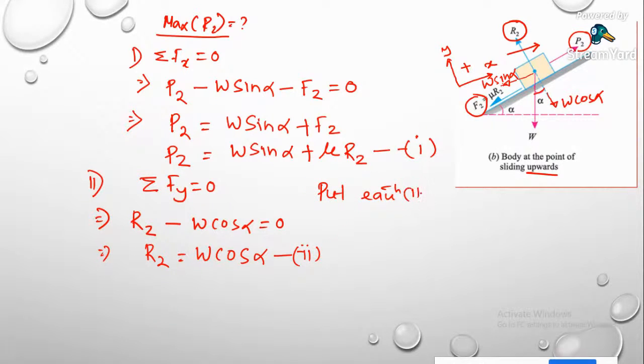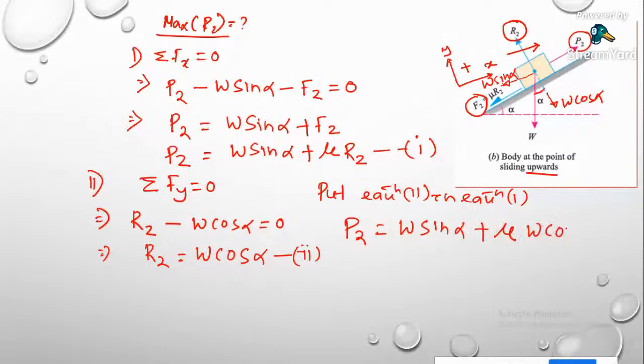Now put equation 2 in equation 1. So if you put equation 2 in equation 1, this P2 will be equal to W sin alpha plus mu R2, that is W cos alpha. Okay, so again I can write it down.